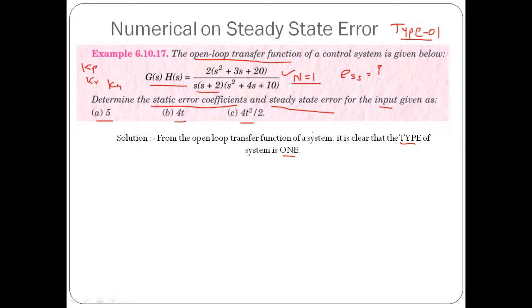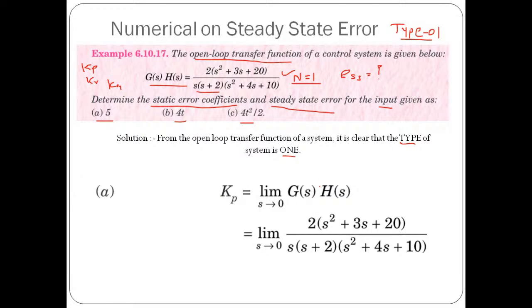Now, once we conclude that this is the example for type 1 system, we will find the value of error coefficients followed by steady state error. So here we know from the knowledge of our previous lecture, the expression to calculate Kp, which is nothing but positional error coefficient, is limit s tends to 0 of G(s)H(s). We know the expression for G(s)H(s), which is 2s^2 + 3s + 20 divided by s(s + 2)(s^2 + 4s + 10).